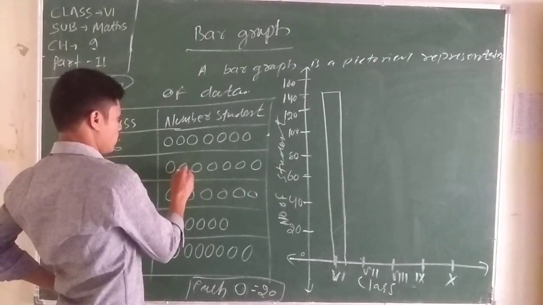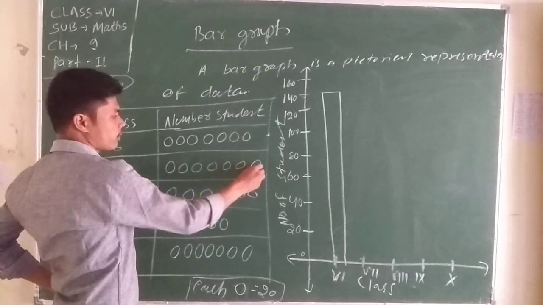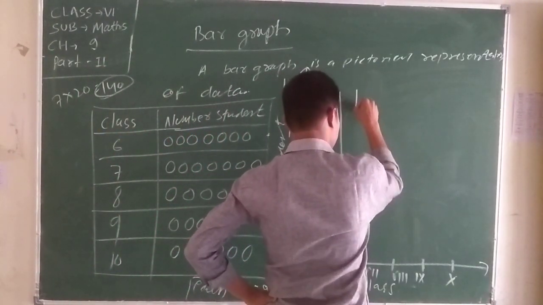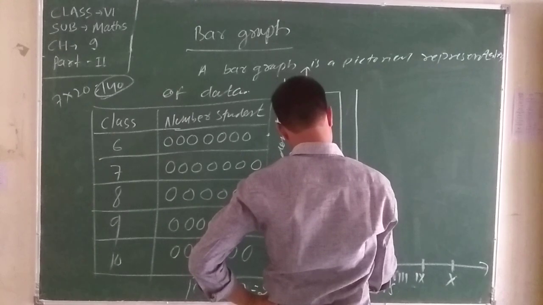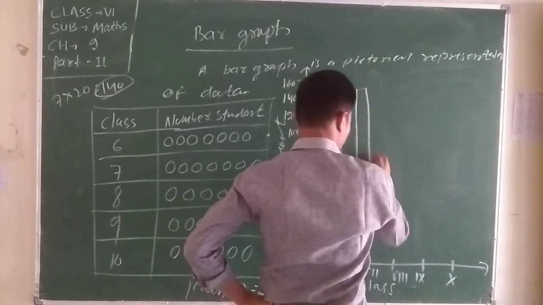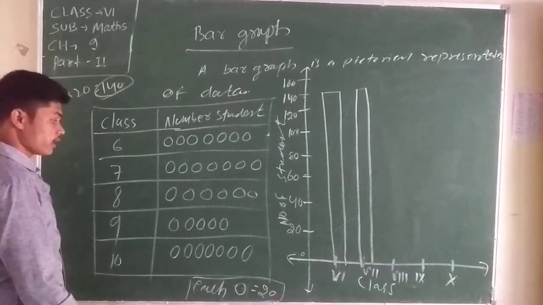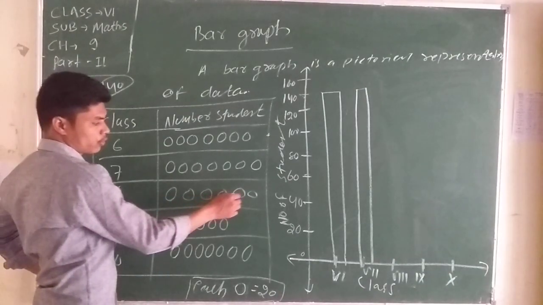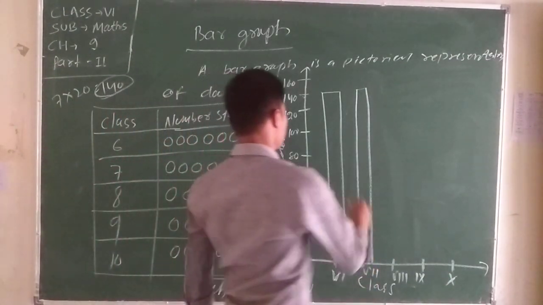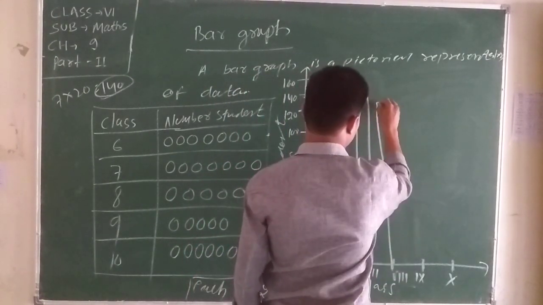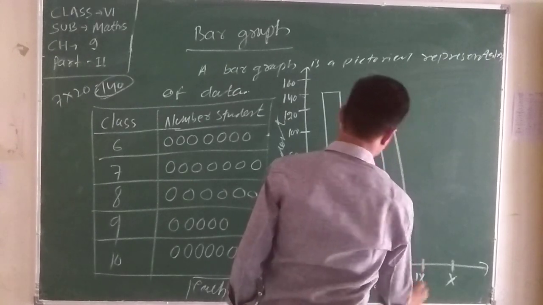In 7th class, 1, 2, 3, 4, 5, 6, 7: 7 equals 140. Then we draw 140. 7th class also 140. Now in 8th class, 6 circles, 6 into 20 is 120.